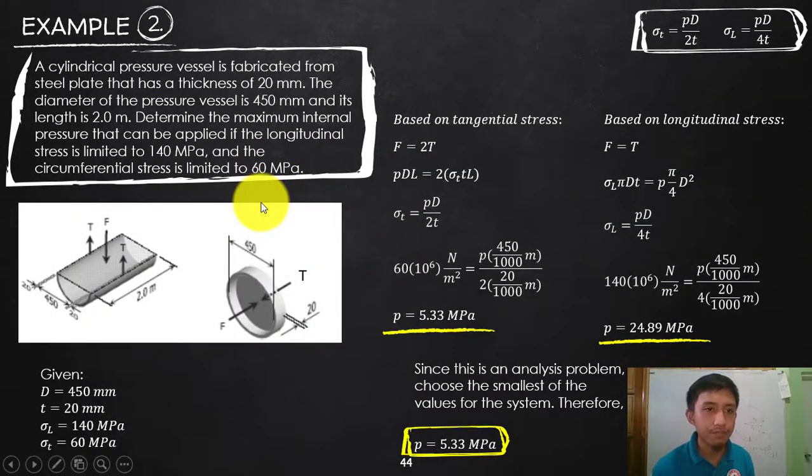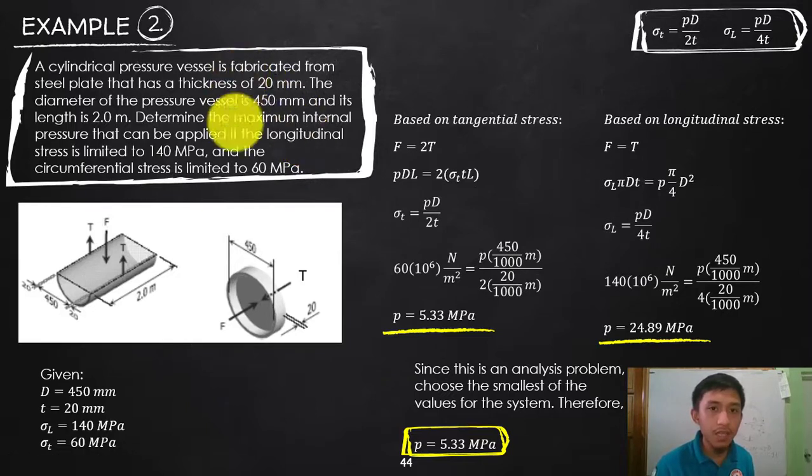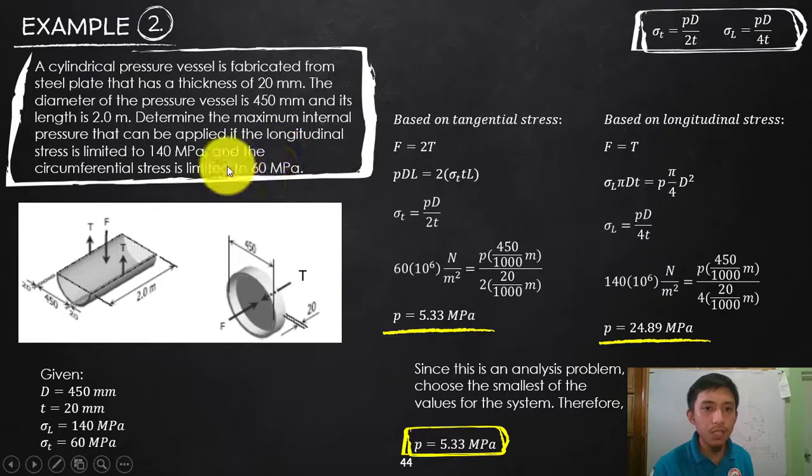So let's have one more. A cylindrical pressure vessel is fabricated from steel plate that has a thickness of 20 millimeters. The diameter of the pressure vessel is 450 millimeter and its length is 2 meters. Determine the maximum internal pressure that can be applied if the longitudinal stress is limited to 140, which means that is the strength of the metal used with respect to longitudinal stress, and the circumferential stress is limited to 60 megapascal, the strength of that metal in terms of tangential stress.